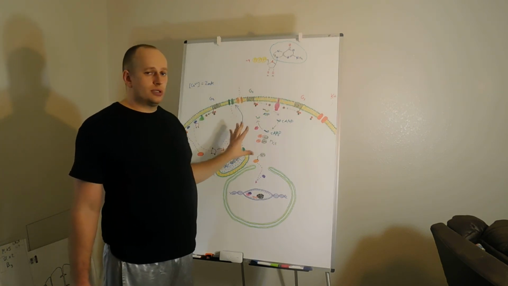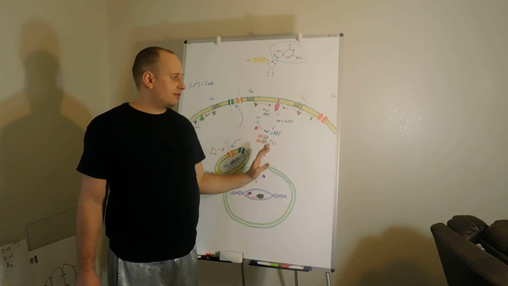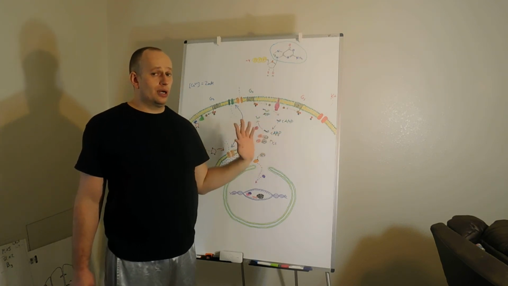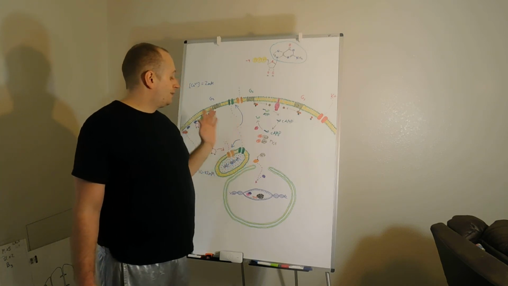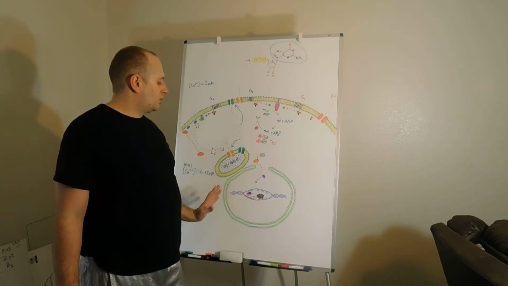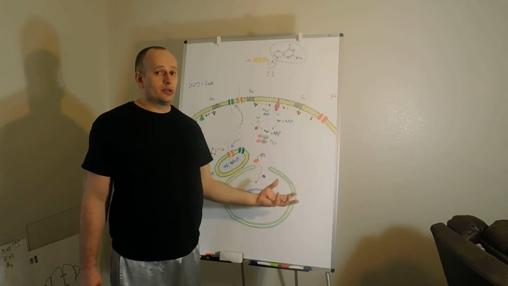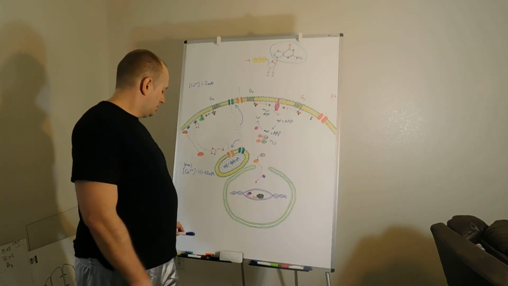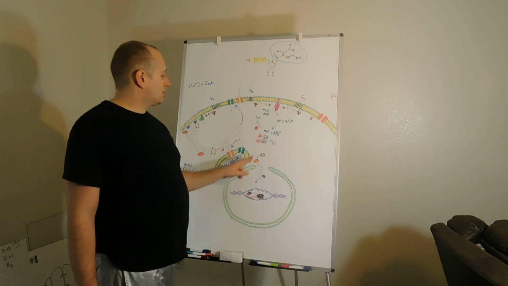And when that happens, those execute different programs in whatever cells these receptors are located in. In the liver, you're going to want to release glucose, create glucose, and break down glycogen in those moments. So that's what that does in those cells.